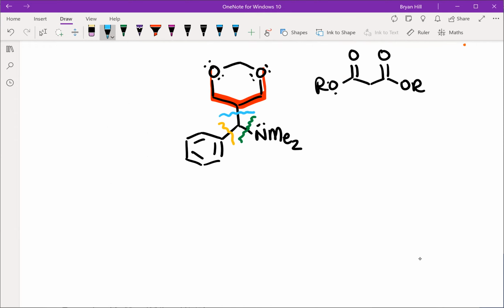Like, which would be the final disconnection, without the functional group interconversion stuff, which we're going to do at the end anyway, but right prior to that, which bond should be the one which is broken?